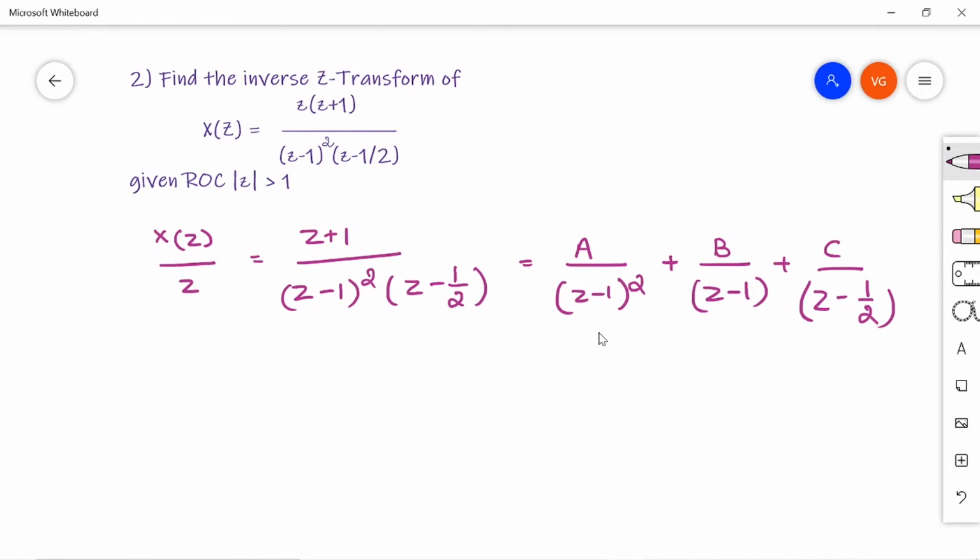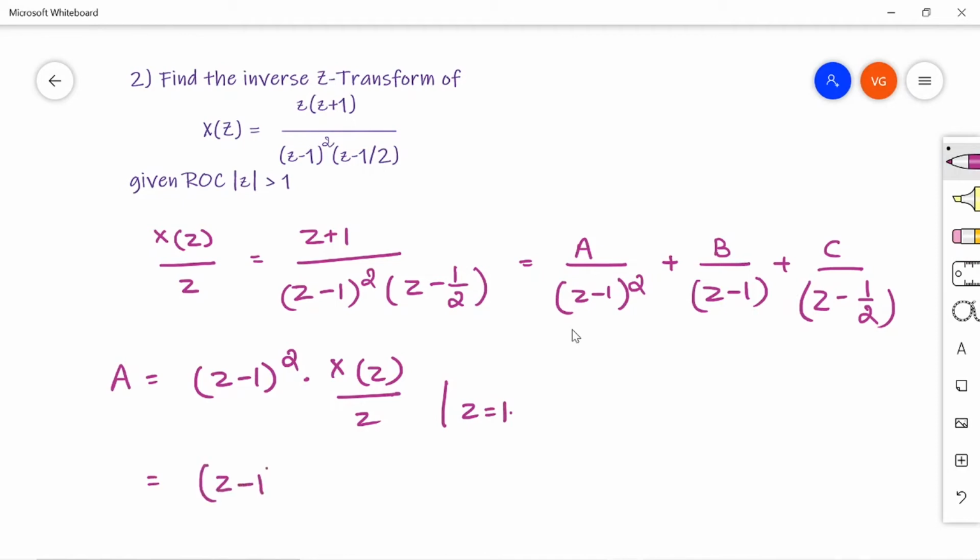Now we have to find out the variables A, B and C here. To calculate the variable A, I have to take (z - 1) whole square, the denominator term associated with A, multiplied by X(z)/z, where z is equal to 1. This is the way to write it down.